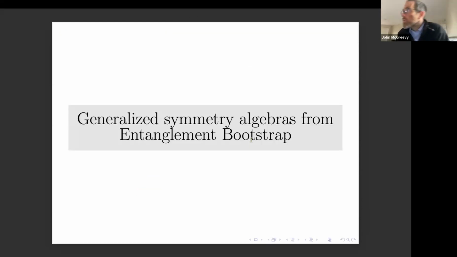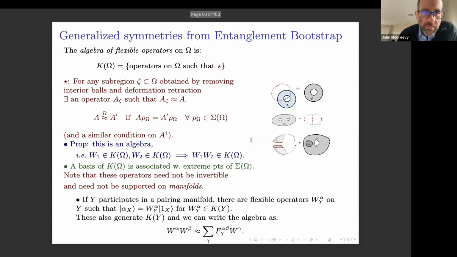Okay, we can use the same point of view to identify the generalized symmetry algebra, which let me briefly mention. We can define an algebra of flexible operators, defined by the condition that you can find a representative of the operator on any subregion of the region, obtained by removing parts of the region or doing deformation retraction.